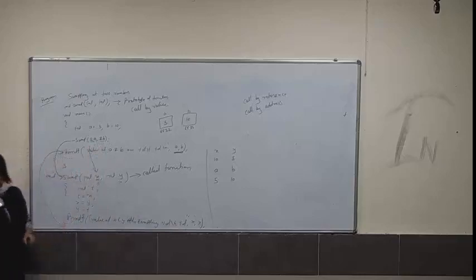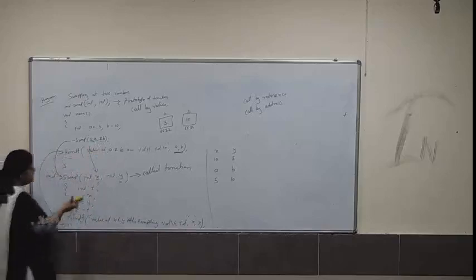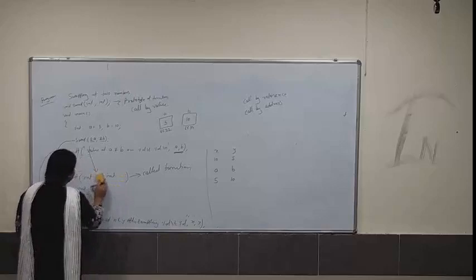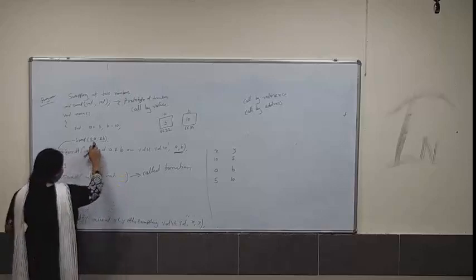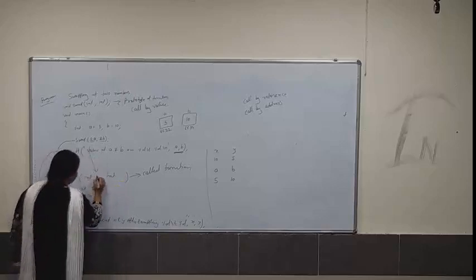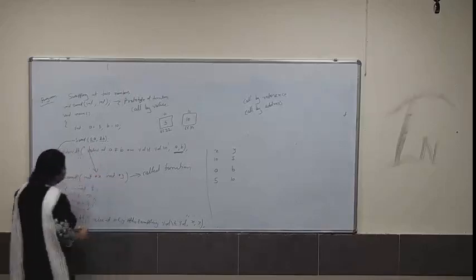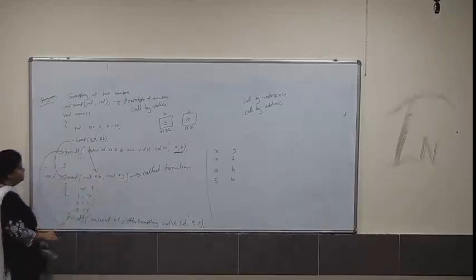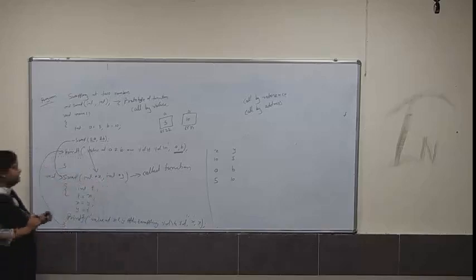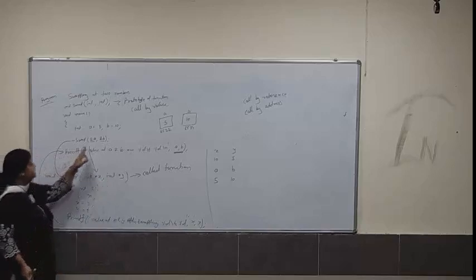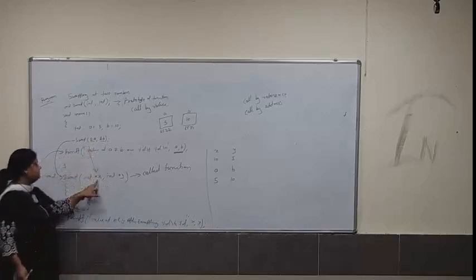Whenever we are sending the address of the variable, then these variables, x and y, because x and y are going to store those addresses, must be pointer variables, not normal variables. The pointer is a variable which stores the address of another variable, and here we are sending the address of the variable.